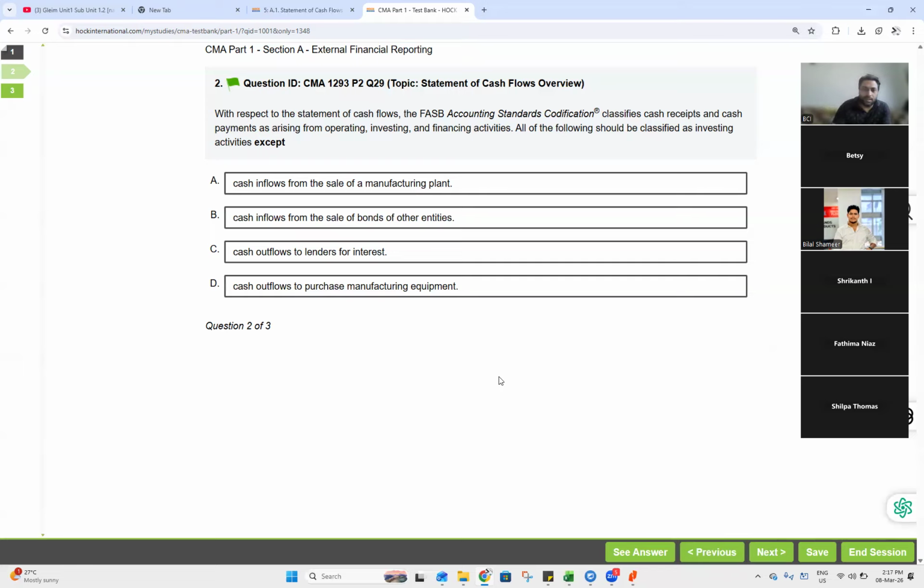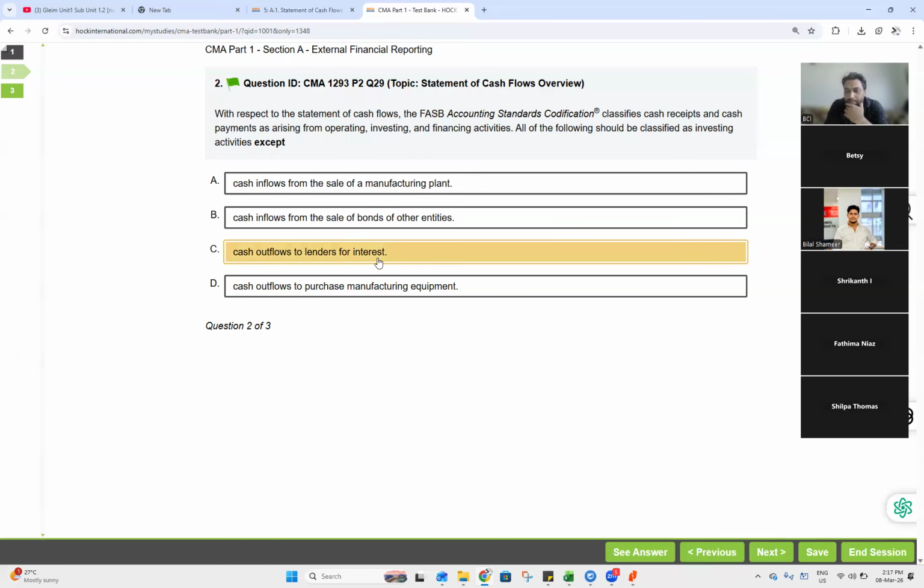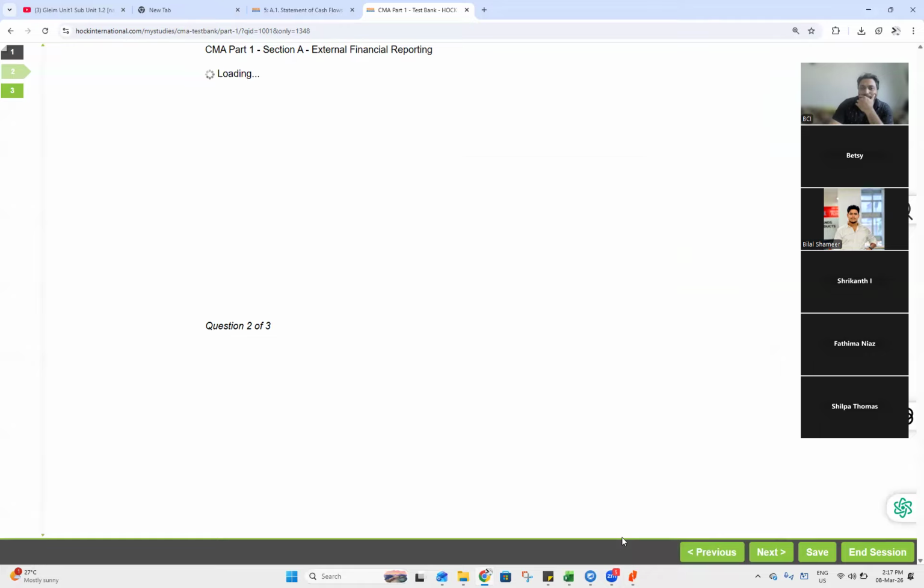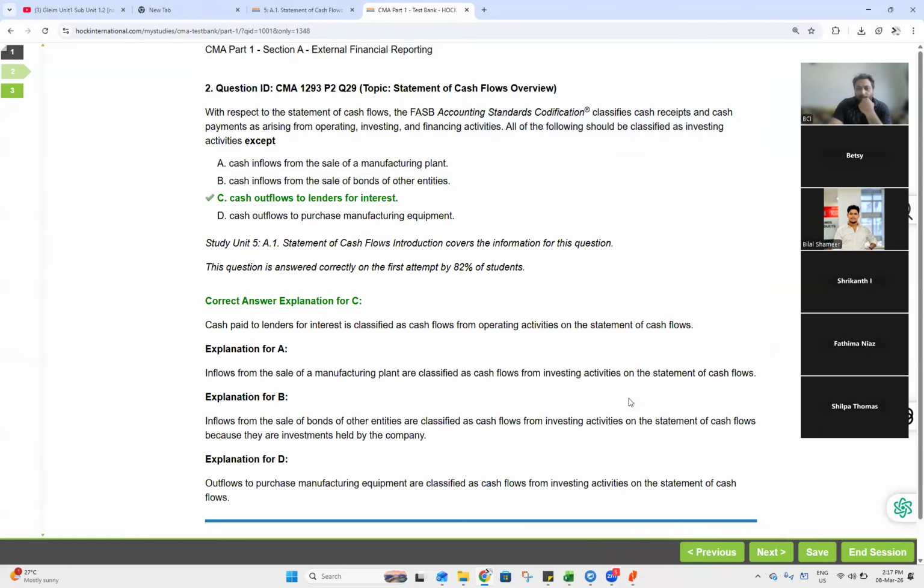See, cash outflow to lenders for interest, because we will be lending money for operating purposes, right? Or it could be financing also. It could be a loan and all. Clear? Okay. Cash paid to lenders for interest is part of operating cash flow.